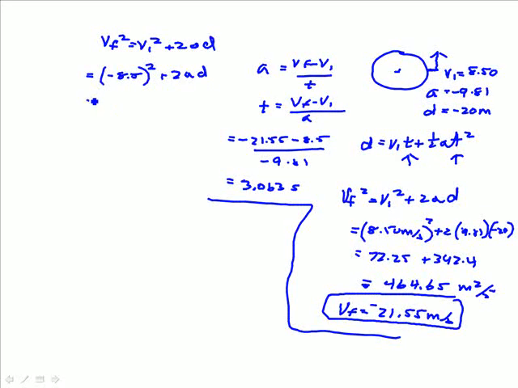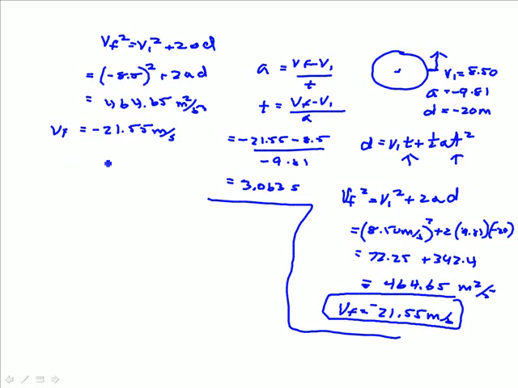What we end up with is exactly the same number, 464.65, meters squared per second squared. And we end up with the final velocity of negative 21.55. So whether it's going up when it leaves or down when it leaves, it still hits the ground with the same speed. But of course, if it's moving down, the time of flight is going to be a lot less.